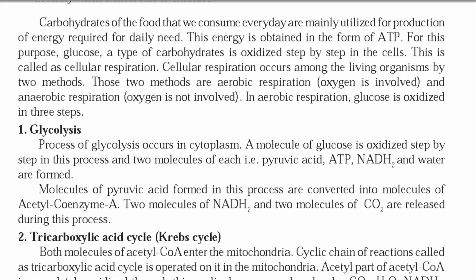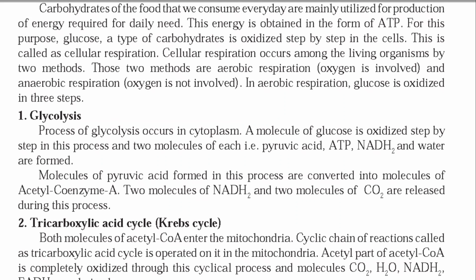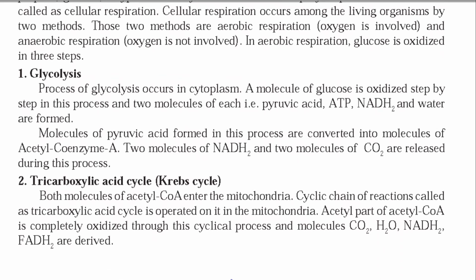Okay. In a previous video we also saw aerobic respiration. In aerobic respiration, the production of energy is carried out in three steps. One is glycolysis, the second is the TCA cycle, and the third is the electron transport chain reaction. First, glycolysis takes place in the cytoplasm.